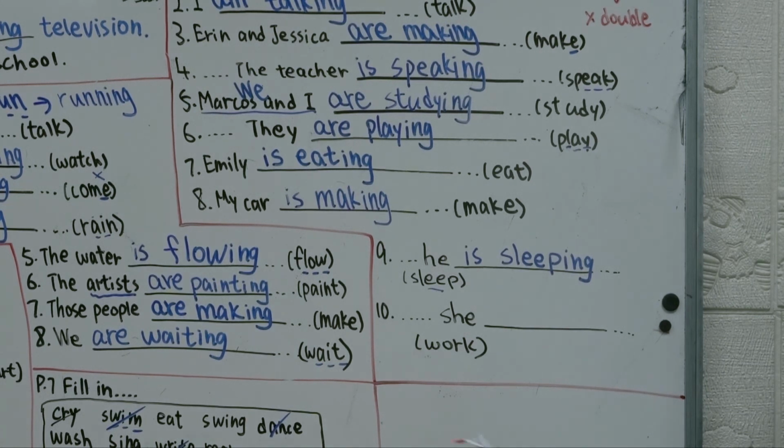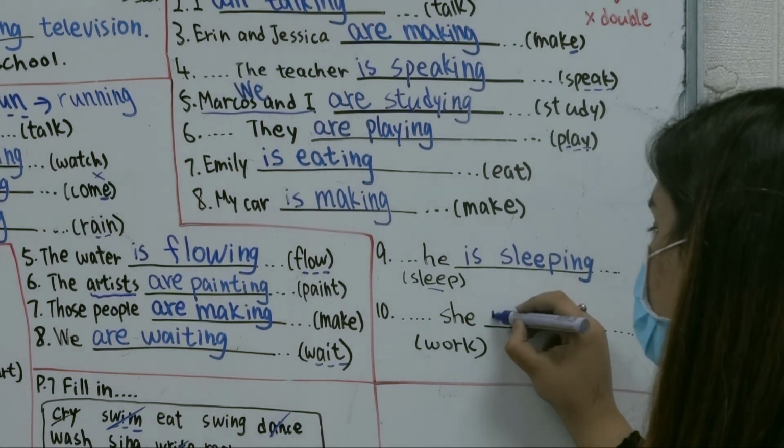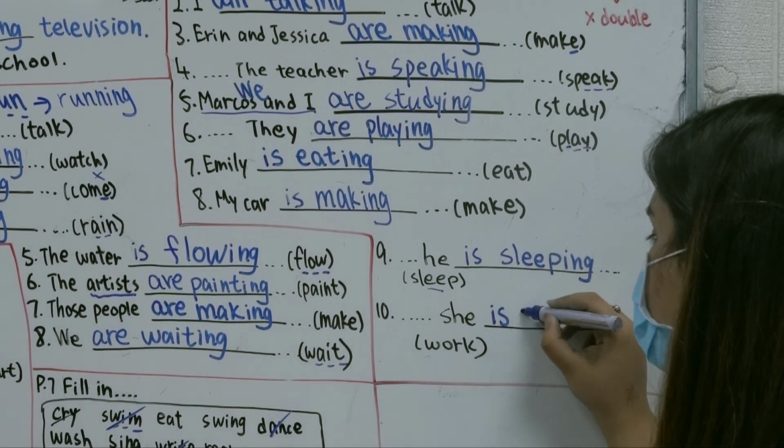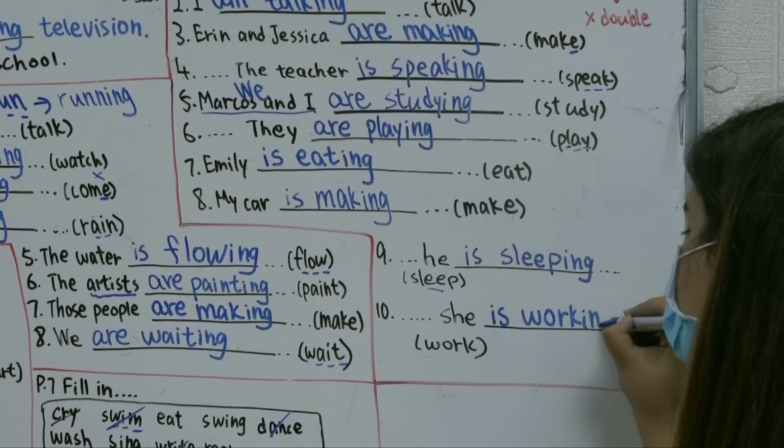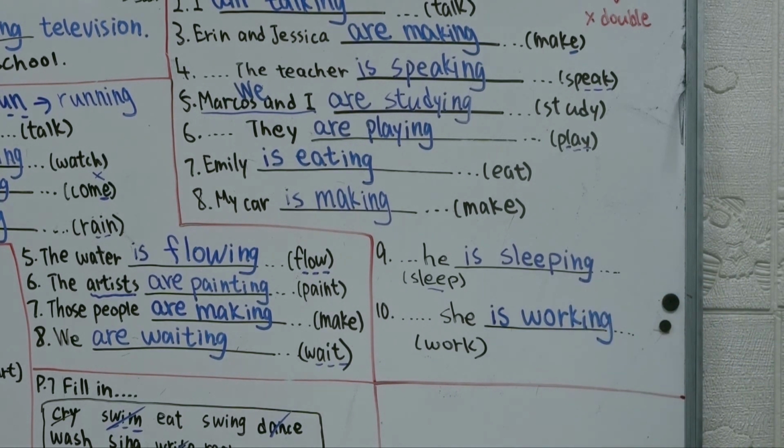She is followed with verb to be. Is. Work becomes working. She is working today. Jennifer said, oh, poor girl. Good. So please check your answers for this exercise.